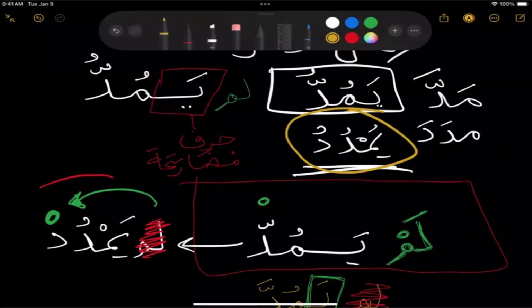So we're going to say yamudd. We're going to transfer the dhamma of the first dal to the meem, and leave that dal with the sukoon, and then put the two dals together. We're going to say yamudd. Then from here we can make the amr.